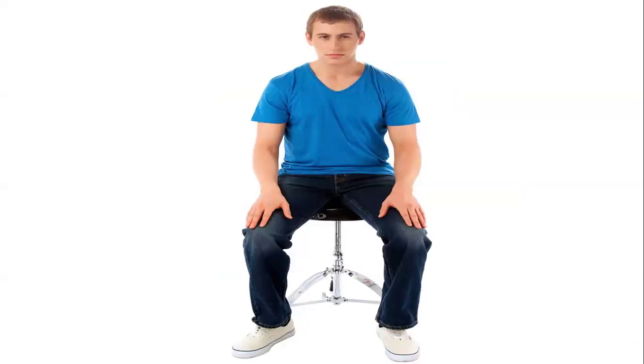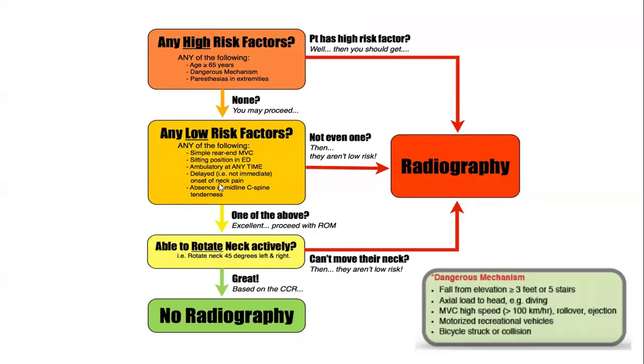If you find the patient is lying flat, it's not low risk. You will ask him also, did you walk at any time after the injury? When did the pain start? Is it immediate? And you will touch the neck and check if he's closing his eyes or not. Okay.